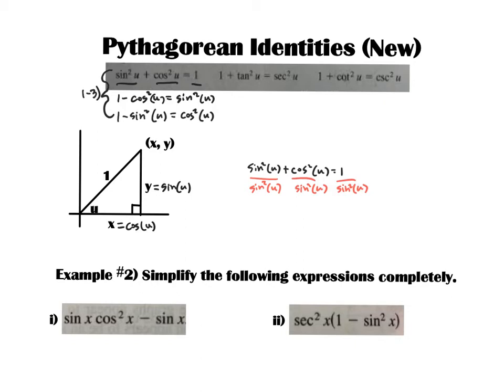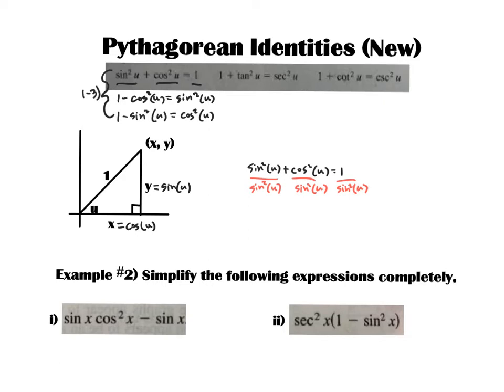Okay, so sine squared divided by sine squared becomes 1. Cosine squared divided by sine squared becomes cotangent squared, and 1 divided by sine squared becomes cosecant squared. So we get this identity over here. Okay, this is an equivalent identity, and it is also just as useful.